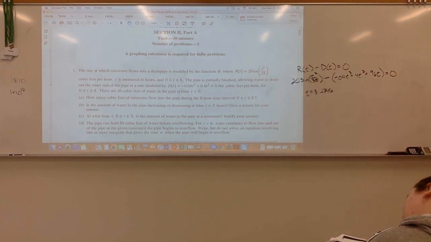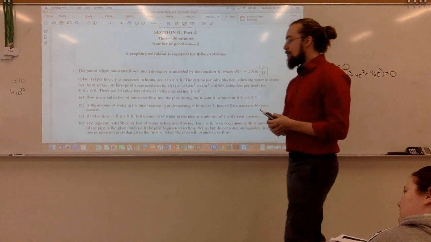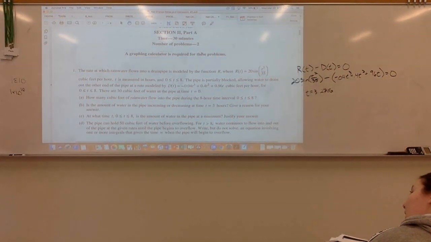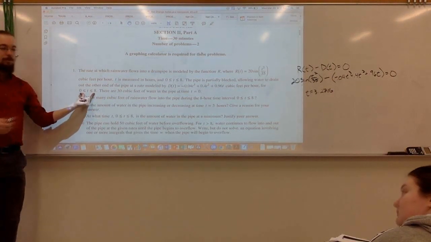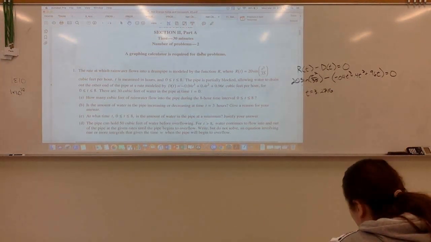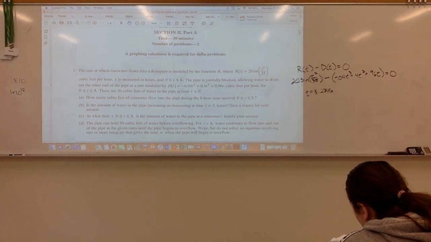Okay, then part D, the pipe can hold 50 cubic feet of water before overflowing. For t greater than 8, so everything we've done so far has been on this interval, 0 to 8. Now it says for everything greater than 8, water continues to flow into and out of the pipe at the given rates until the pipe overflows.